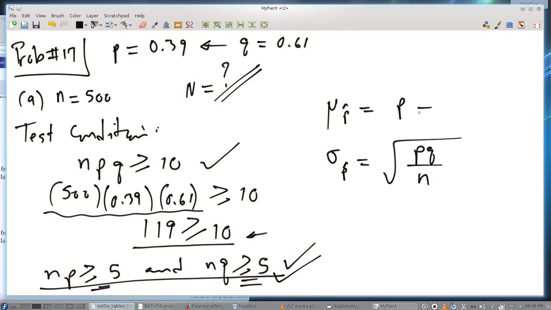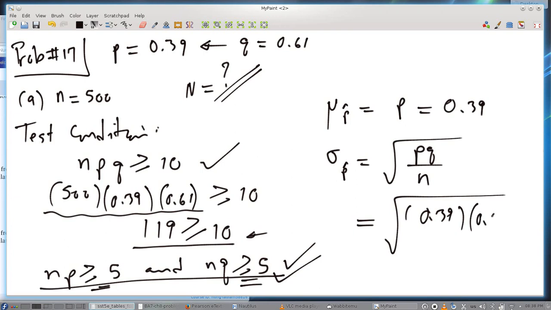In this case you have 0.39 for mu of p hat, and for sigma of p hat you have the square root of 0.39 times 0.61 all over 500.